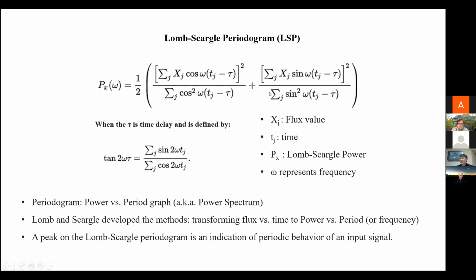And then time is basically, for each frame, that's a time. The output value, we have Lomb-Scargle power. And then we have omega representing frequency and tau representing time delay. And it's defined by the following. It's interesting to note that the main equation up here was developed first, and then the second part was developed later.